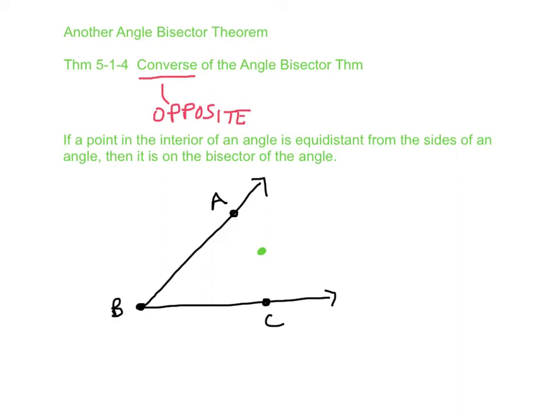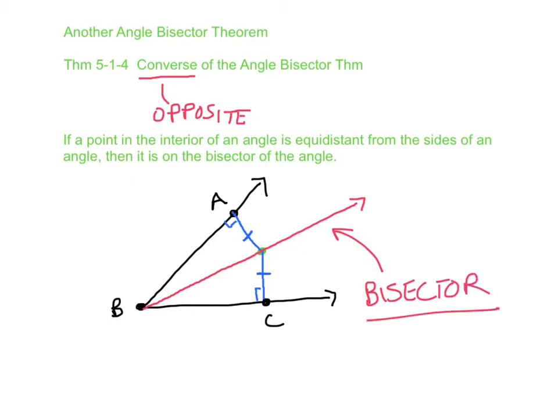Now, what our theorem says is that if it's equidistant, meaning if we have a perpendicular line, again, because we're going from a point to a line, if the lengths are equidistant, meaning we have two congruent segments here, if it's equidistant from the sides, then it is on the bisector, meaning that we can draw a ray through our green point, and that this red ray must be the bisector.